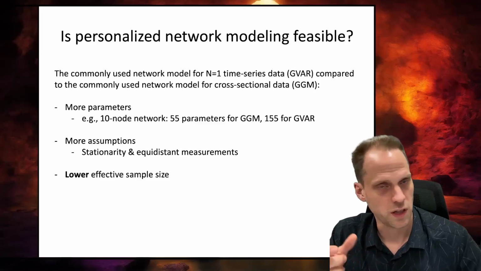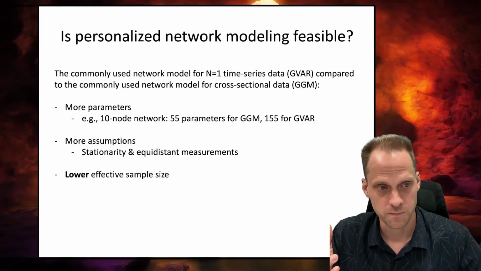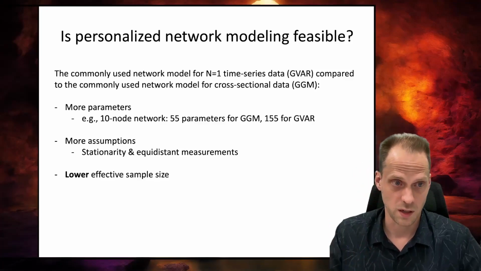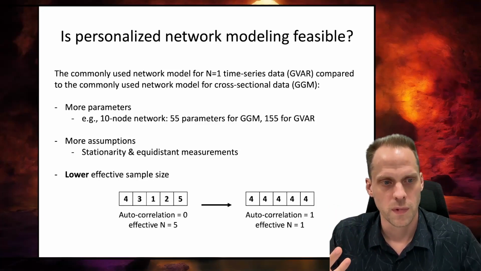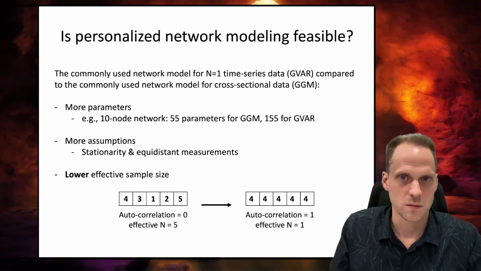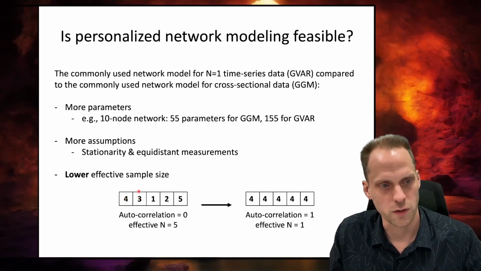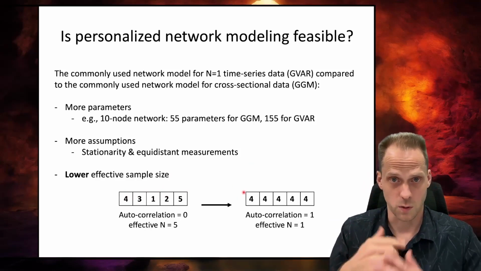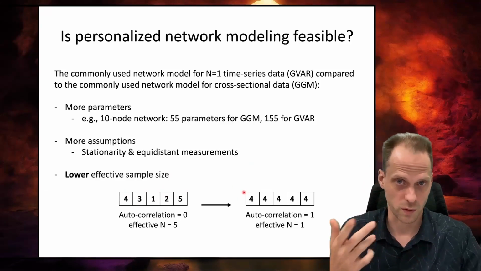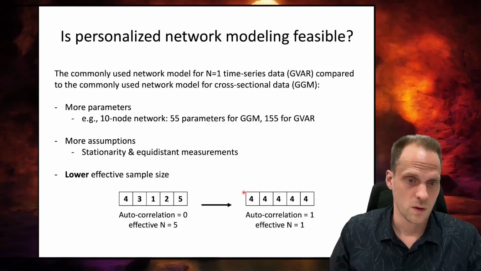In addition, so let's say we have 50 to 100 observations. In addition, the effective sample size is even lower. And that's a bit weird, but we have to realize that there is an autocorrelation between consecutive observations. It means that my score at 9 o'clock is correlated with my score at 12 o'clock. What does that mean?